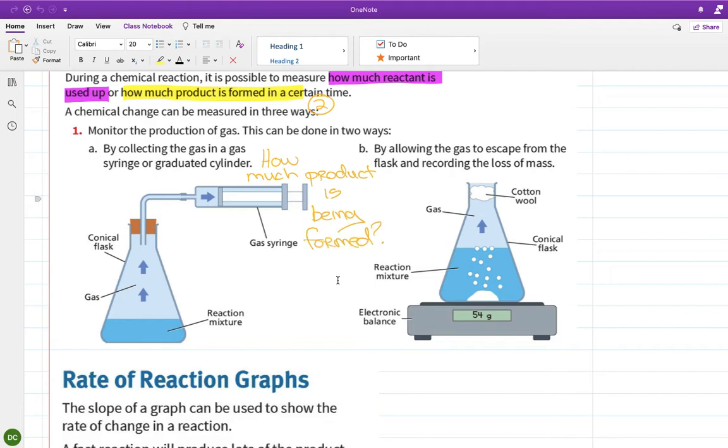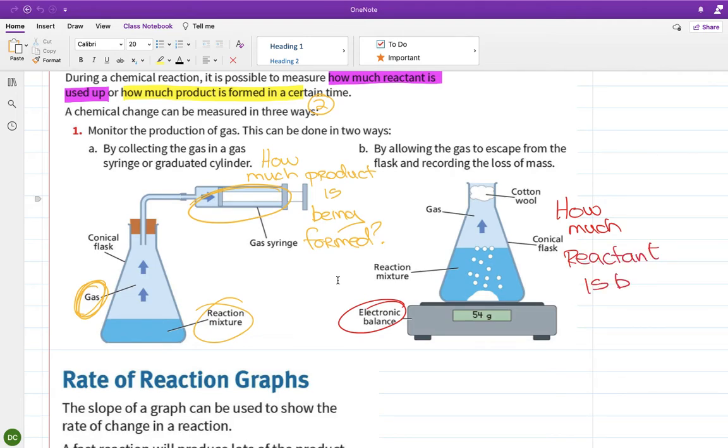You have the reaction mixture down here. You can see here that a gas is being produced, and then up here they're trapping the gas, and then they can measure how much there is. And then on the other side, this would be how much reactant is being used up.